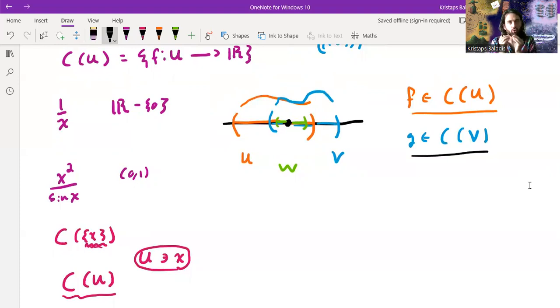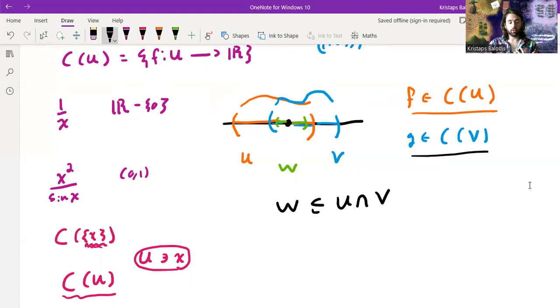We know, I've told you already, that they agree on this smaller open set W in the intersection. Well, since W is in the intersection of U and V, remember that our sheaf axioms come with restriction maps.